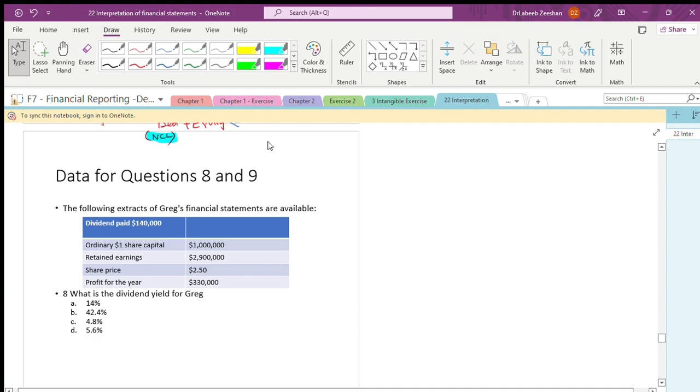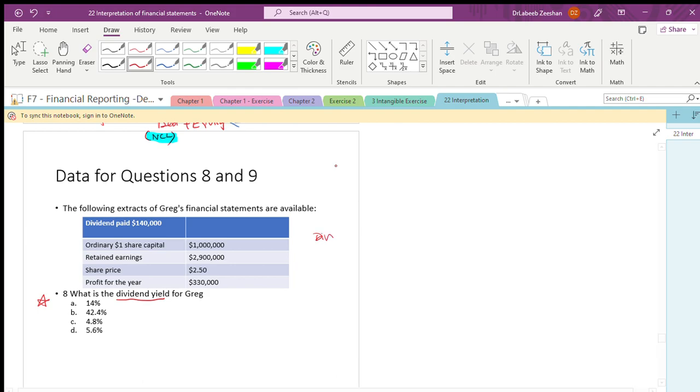What is the dividend yield? In the long questions, they will ask you this question. This ratio is important. What is the dividend yield?